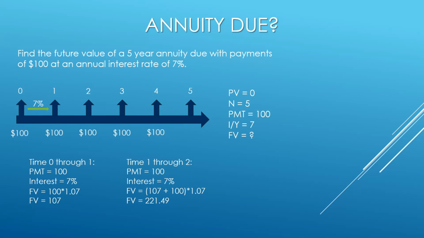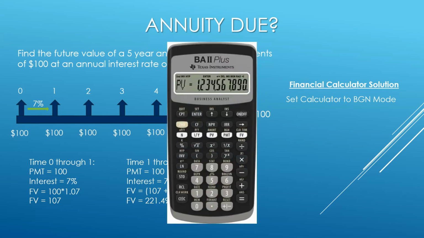Again, let's find the value after 5 years by using a financial calculator. For an annuity due, though, we need to set our calculator to make payments before the interest is paid. This is called begin mode, BGN. So to get into begin mode, you need to press second, then BGN, then second, and set, and it should switch to begin mode.